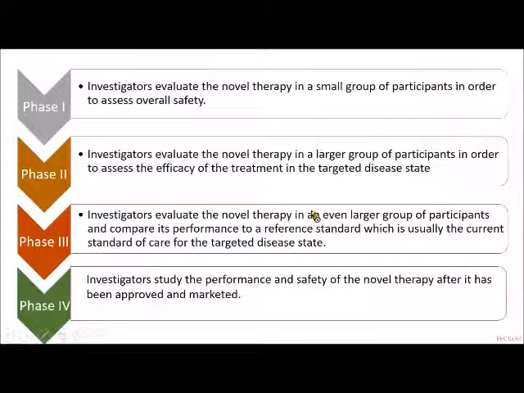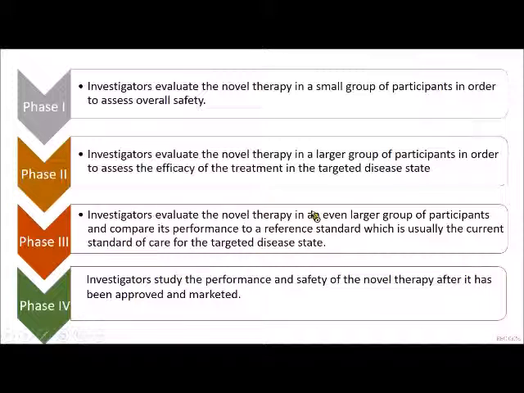In clinical trials, there are 4 phases. Phase 1, investigators evaluate the novel therapy in a small group of participants in order to assess overall safety. The safety assessment includes dosing level in the case of non-interventional therapeutic trials, and potential side effects or adverse effects of the therapy.